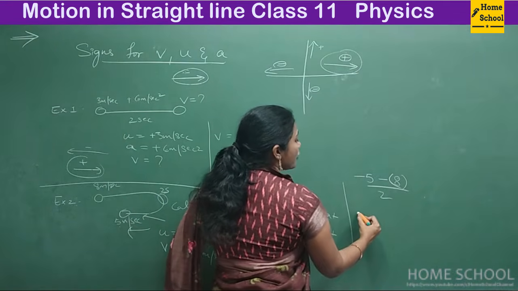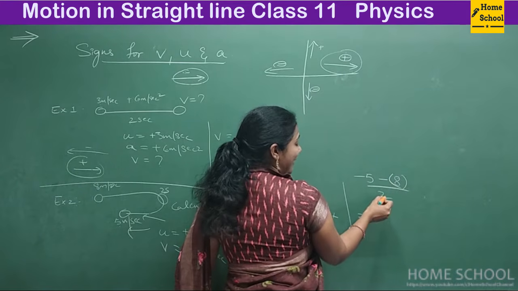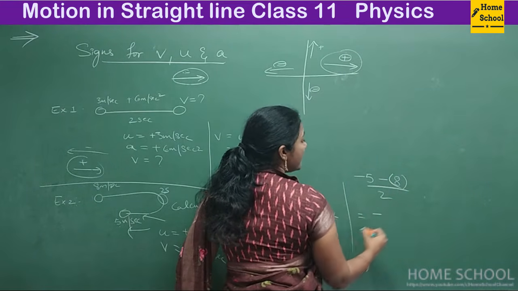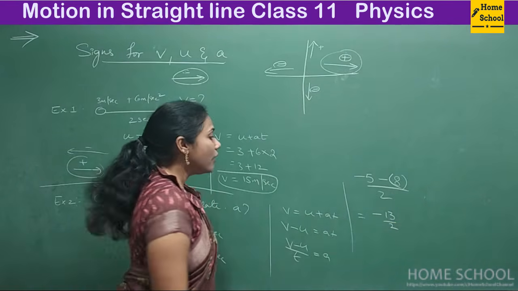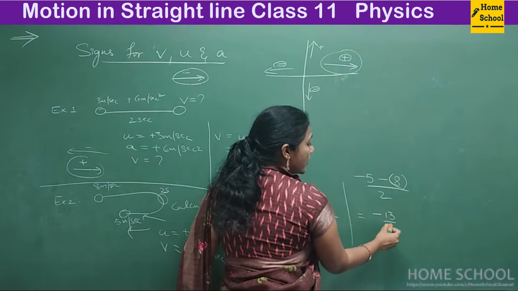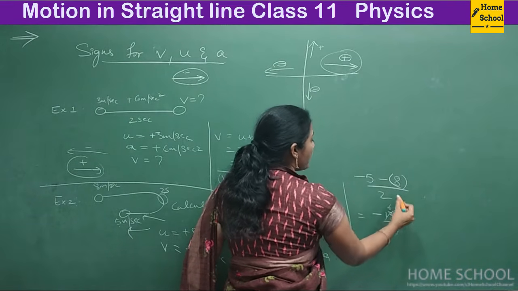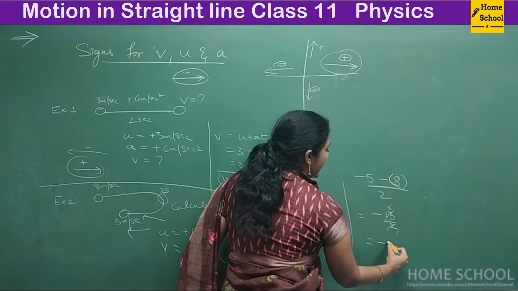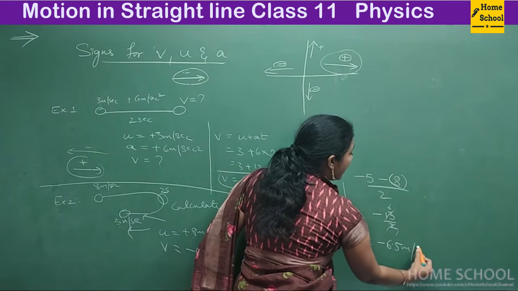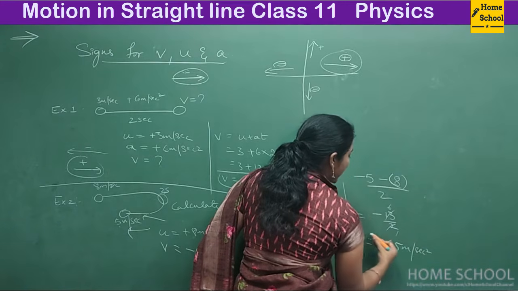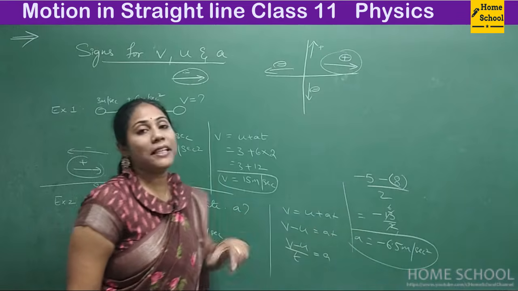So what is the answer you will get? Minus 5 minus 8 is actually minus 13 by 2. Right? So minus 13 by 2 is what? 6.5. Say your acceleration is minus 6.5 meter per second square. Unit, don't forget. So your acceleration is minus 6.5 meter per second square.